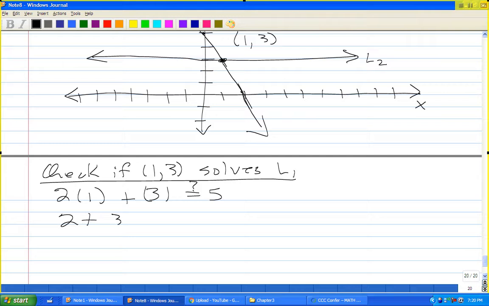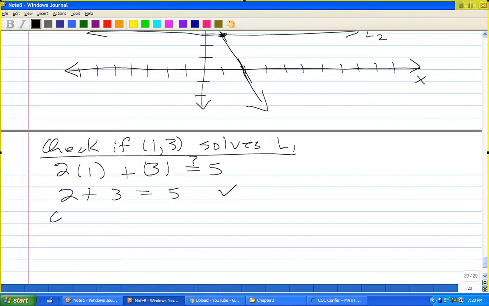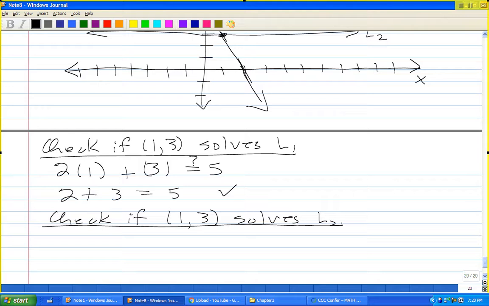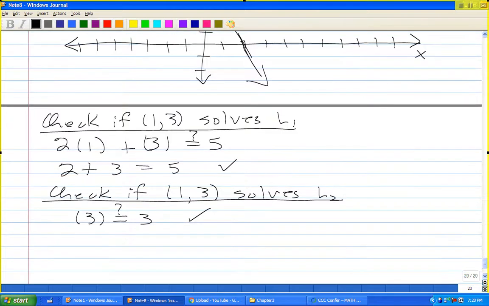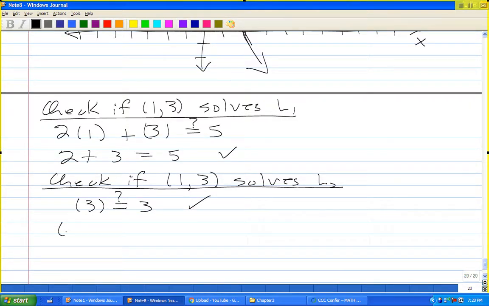Is 2 plus 3 equal to 5? Yes. Let's check if 1, 3 solves L2. The second equation is y equal to 3. Yes. And so 1, 3 is your solution.